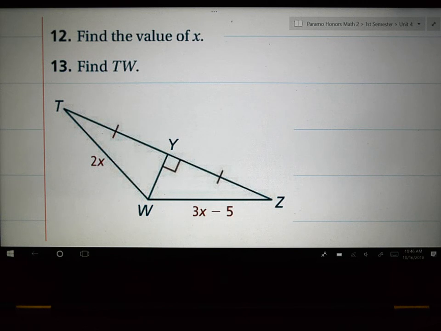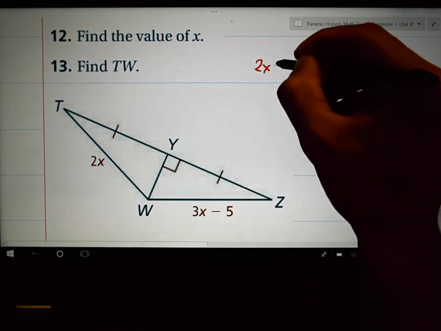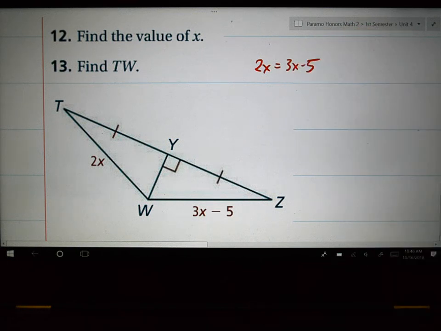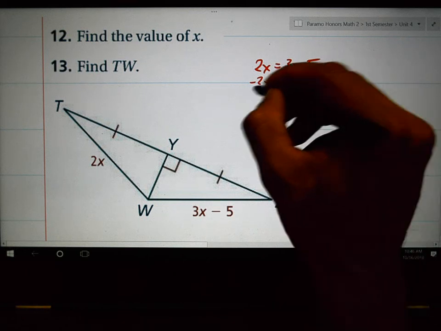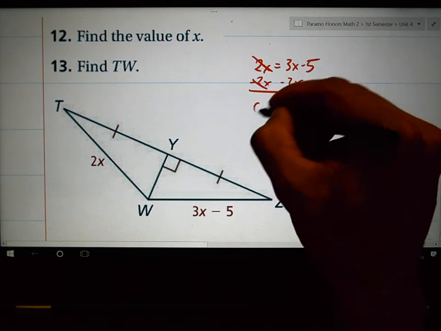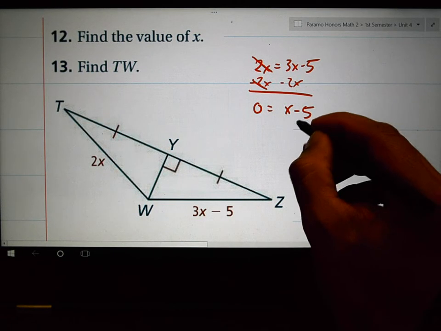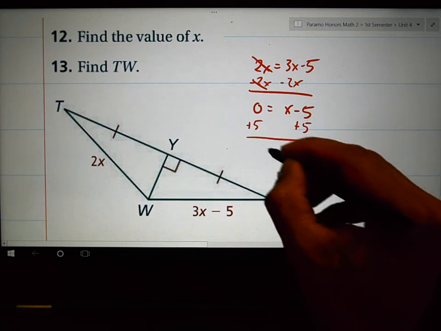So what is the value of x? All we do is set the 2x equal to the 3x minus 5. And you solve it. If you ever subtract something onto the same side, don't forget that's equal to 0. And then what you would have to do is move the 5 to where the 0 side is so that you have what x is equal to.